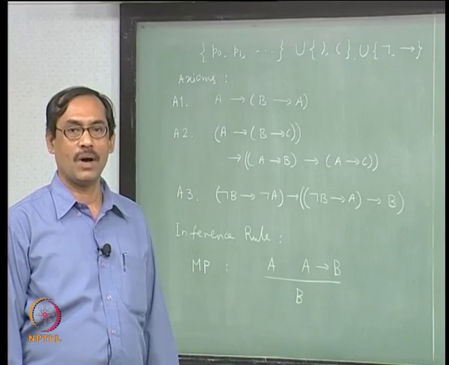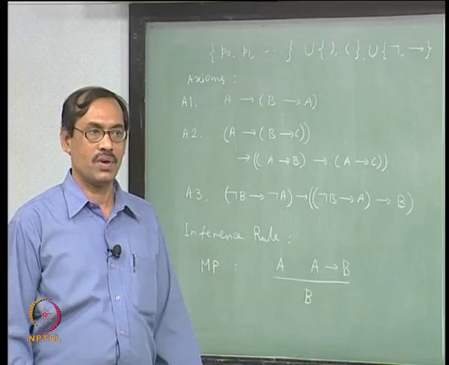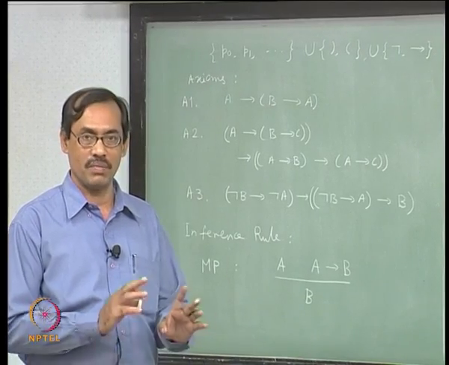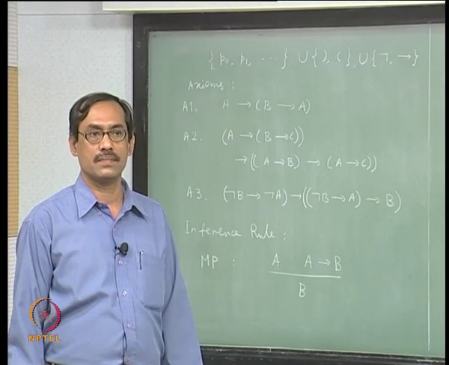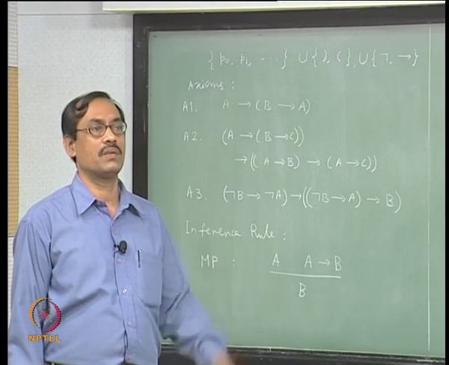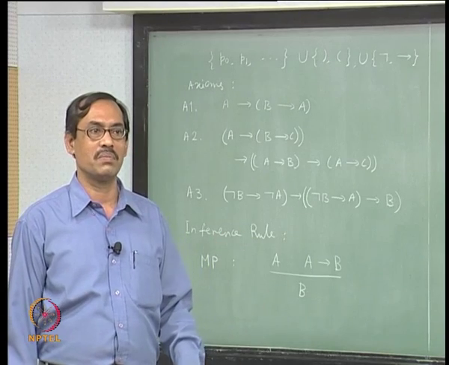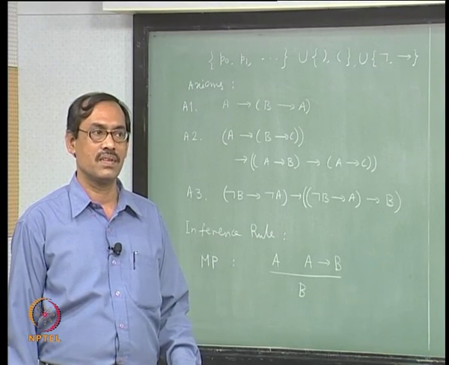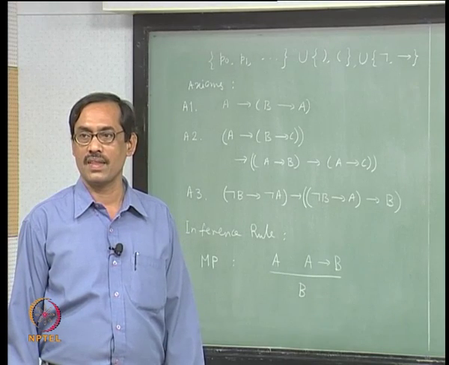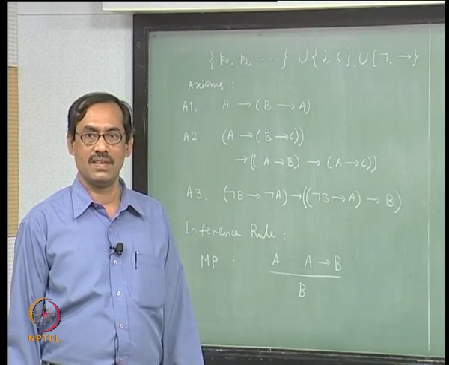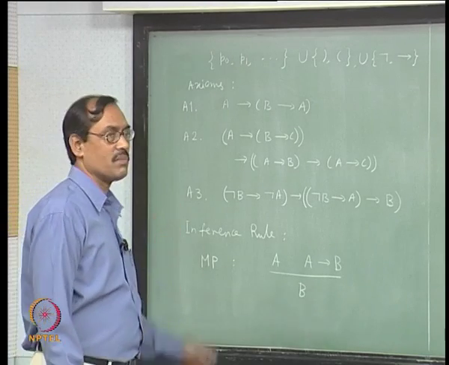All that we say is that if you have A, and you have A implies B, then also you have B. In the sense that suppose you are writing a proof, you will say A is there, A implies B also has been obtained till now in the proof, then you can write B next. That is what it says, right. Is it clear?